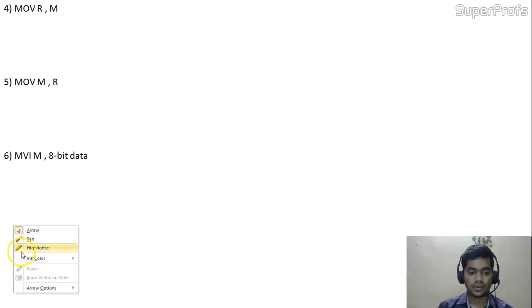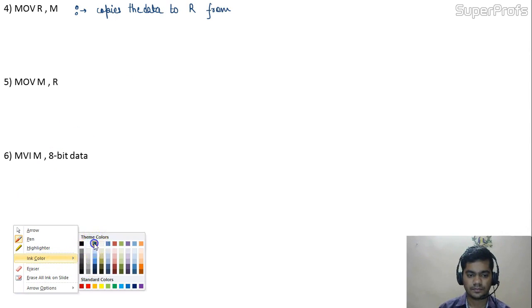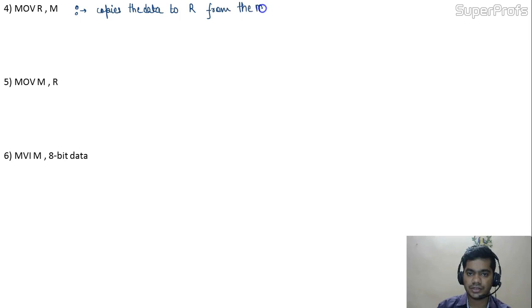Now we are going to see the next instruction, that is MOV R, M. What is this instruction going to perform? This instruction copies the data to register R from the memory location pointed by the HL pair.